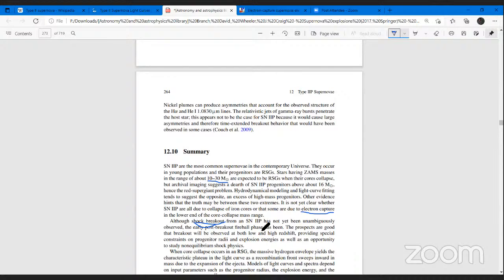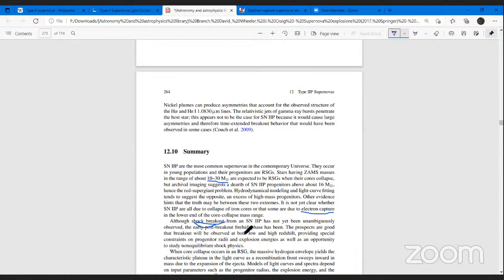During that phase, the flash's wavelength is very short and very small. It becomes very difficult to capture experimentally. So the shock breakout from a type 2P supernova has not yet been observed. The early post-breakout fireball phase has been.